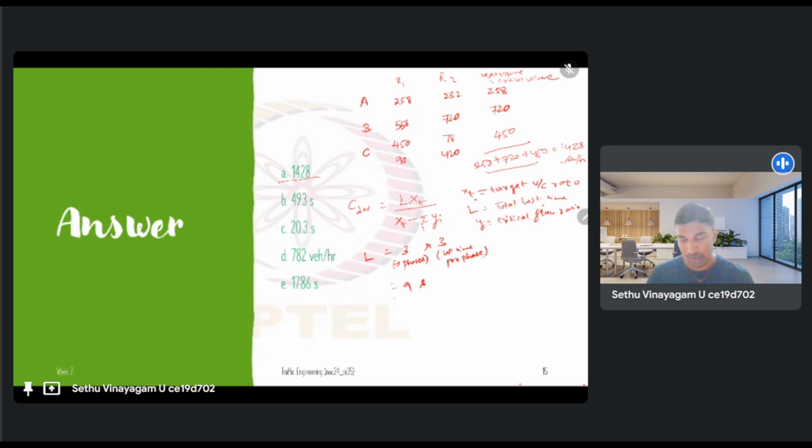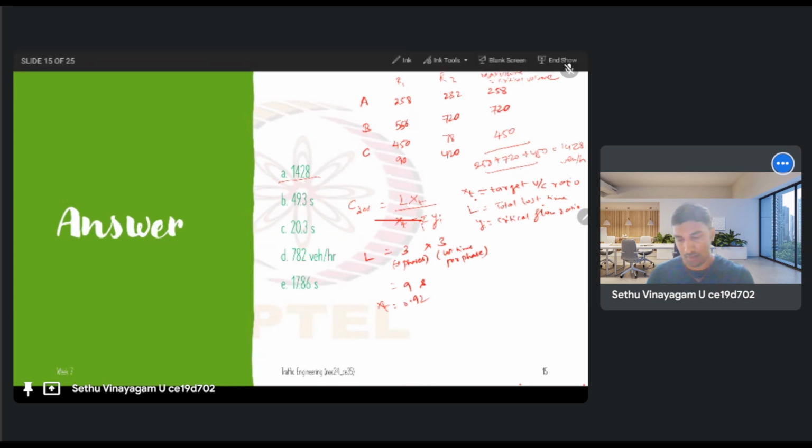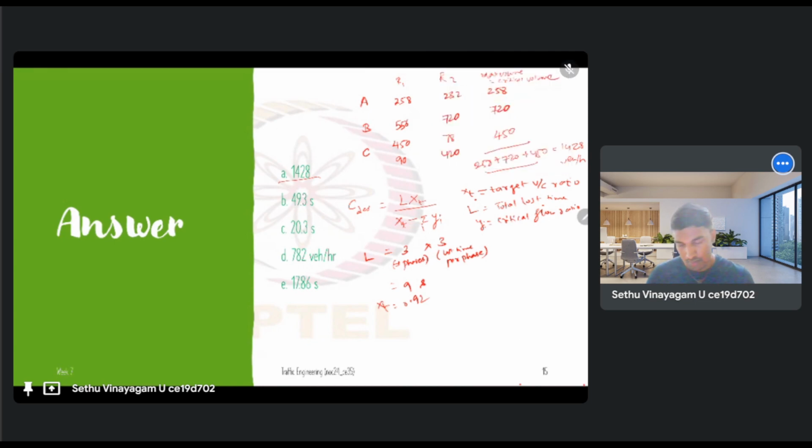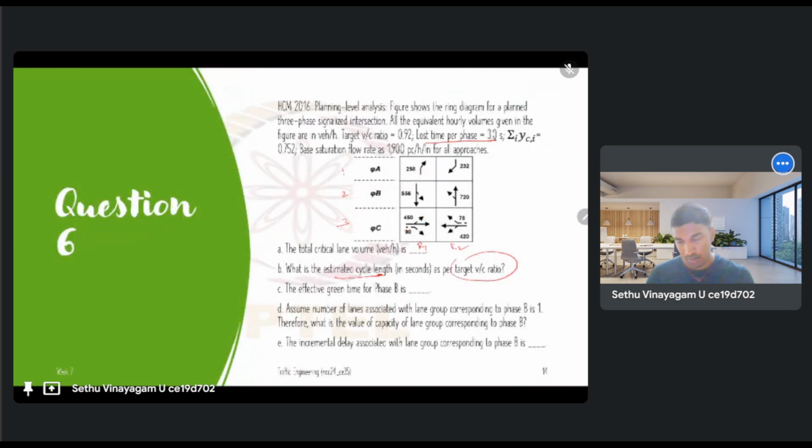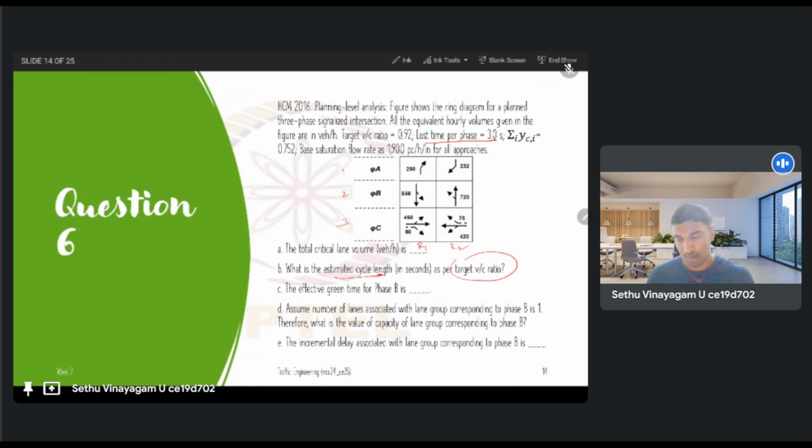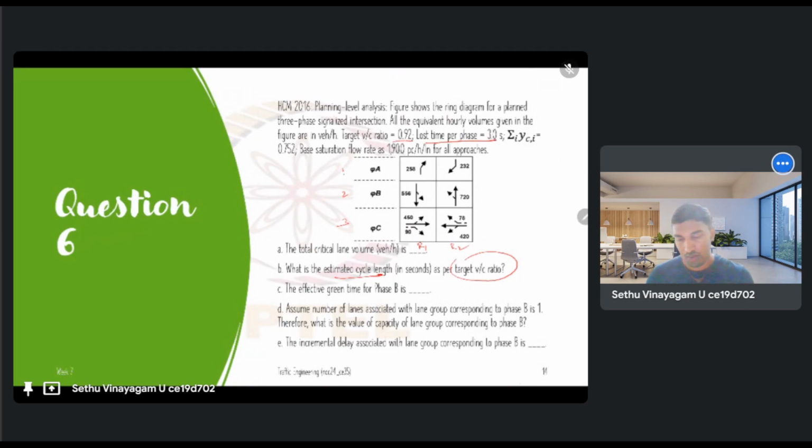Okay, xt is given as 0.92, your target V by C ratio, and sigma yi is 0.752.